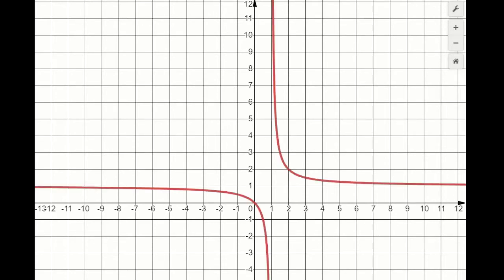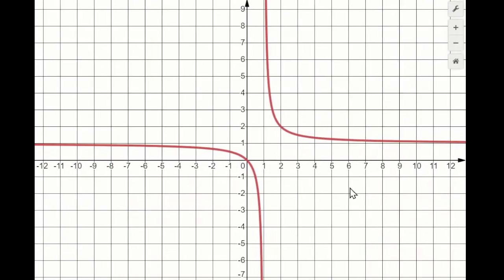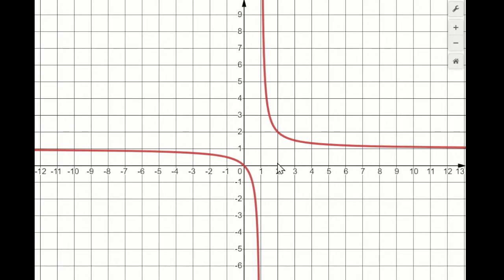Now this is the actual graph for our f of x, being x times (x plus 2) all squared divided by (x minus 1) times (x plus 2) all squared.